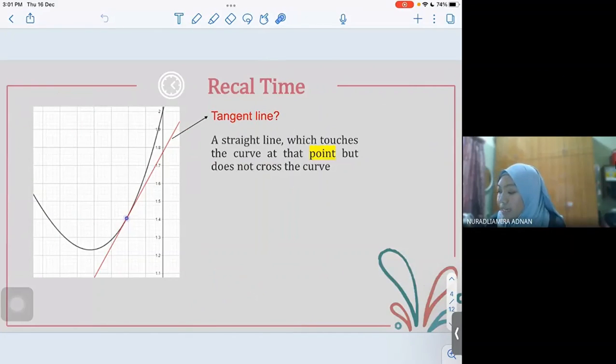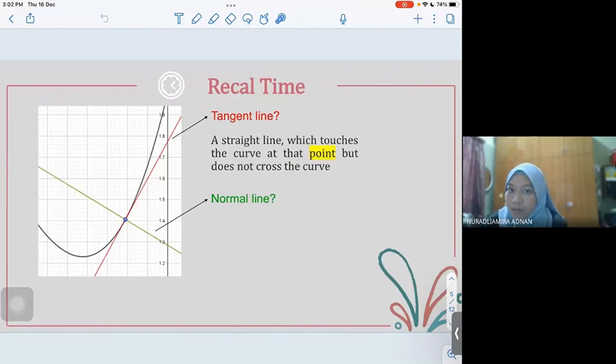So, a tangent line is a straight line which touches the curve at the point but does not cross the curve.